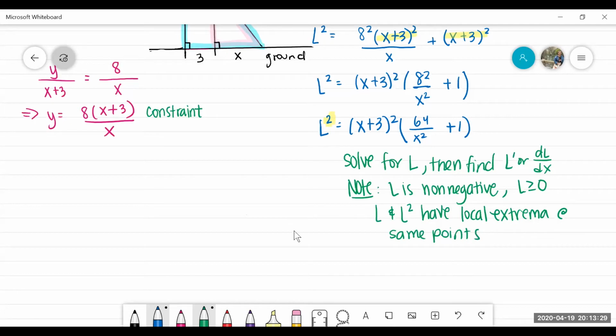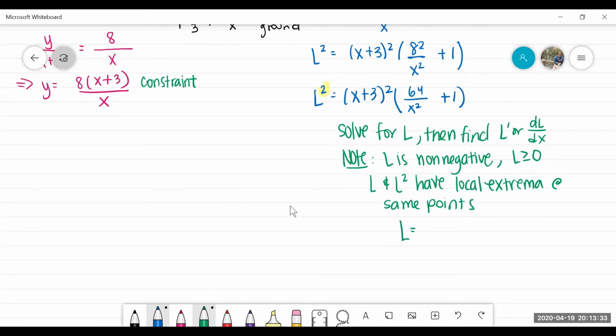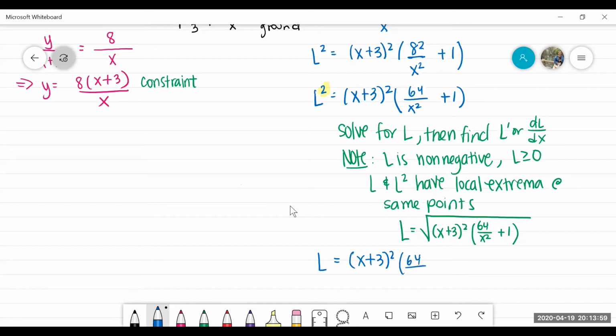So instead of working with L as this giant square root of (x + 3) squared times (64 over x squared plus 1), we can actually just take the derivative of (x + 3) squared times (64 over x squared plus 1).